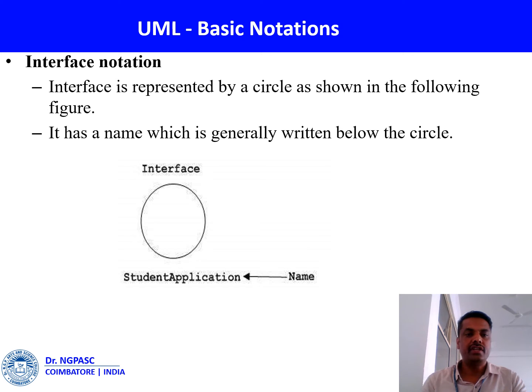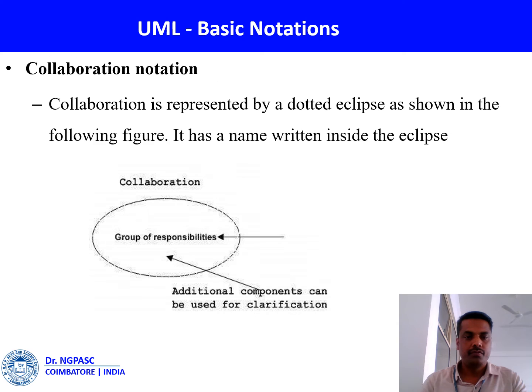The next one is interface notation. The interface is represented by a circle as shown in the following figure. The name is generally written below the circle, like the student application interface with the student name. The next one is collaboration notation.